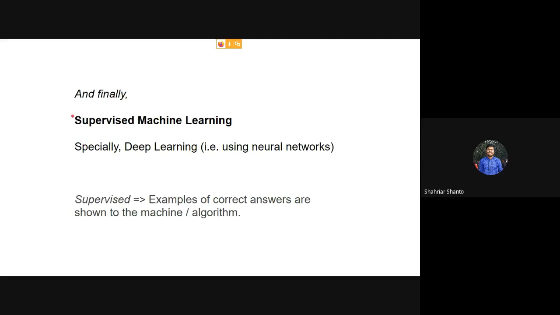So here supervised means examples of correct answers were shown to the machine or the algorithm. Don't worry, I will try to talk a little bit more about machine learning and deep learning in general.